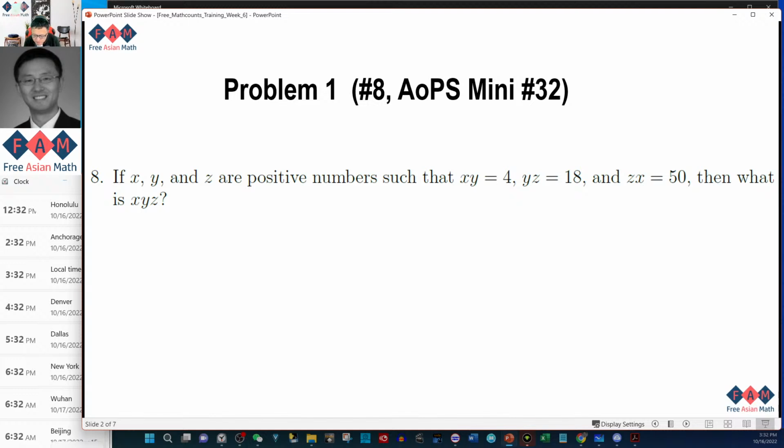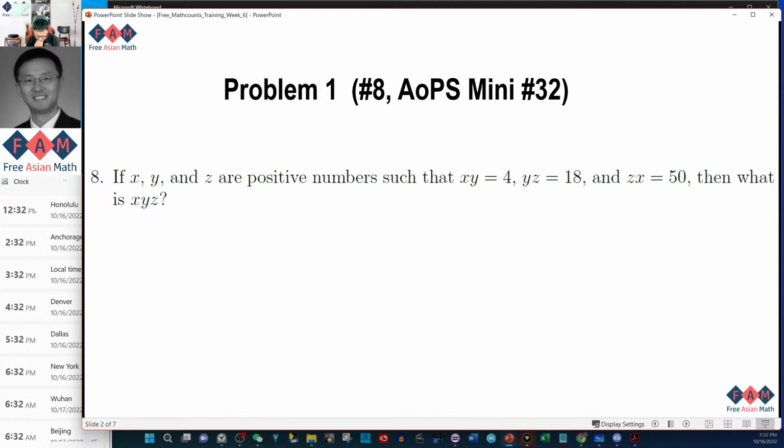How can we convert what we know to the unknown that we are trying to compute, which is xyz? Well, in theory, when you have 3 variables and 3 independent equations, you can solve them. You can get each of x, y, and z.